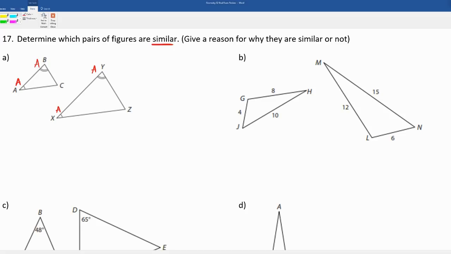But right now, we're only worried about the angles. So this is actually just two angles, right? Well, triangle ABC is going to be similar to triangle XYZ, since we have the angle similarity theorem.